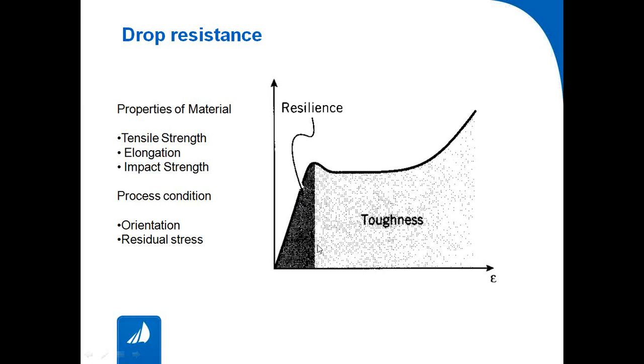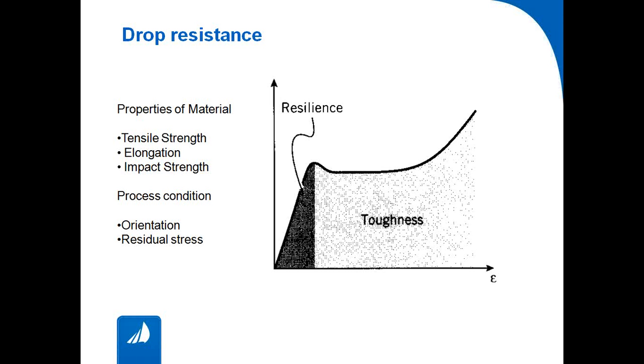This area, this energy, is called resilience. After that, it deforms, but it doesn't fail, because the failure happens only at the end. If the toughness value is very high, then even if you drop it, it may get a bit deformed, but it will not burst.